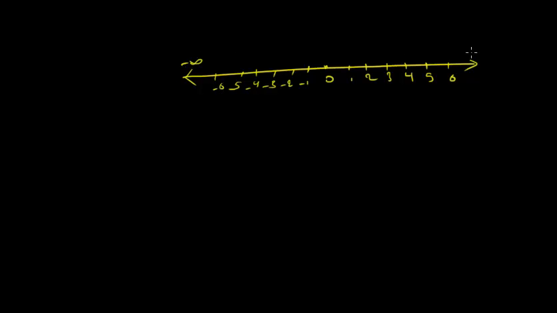So we'll have positive infinity this side. Now, by looking at this number line, you can see that as we move toward right, the numbers are increasing.